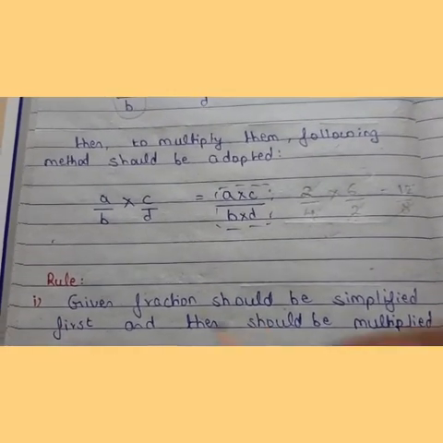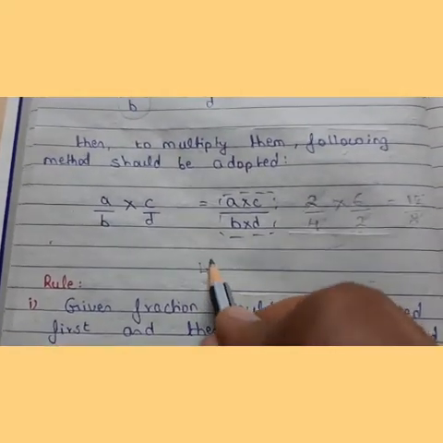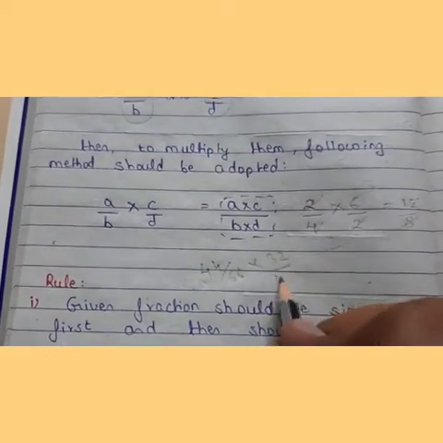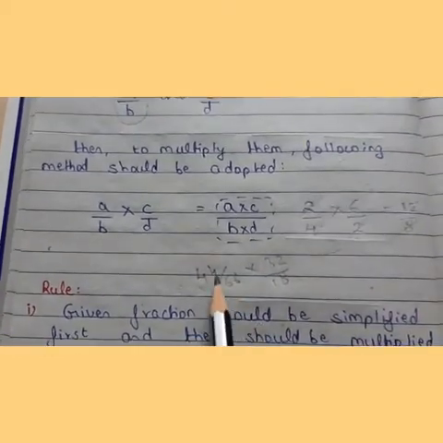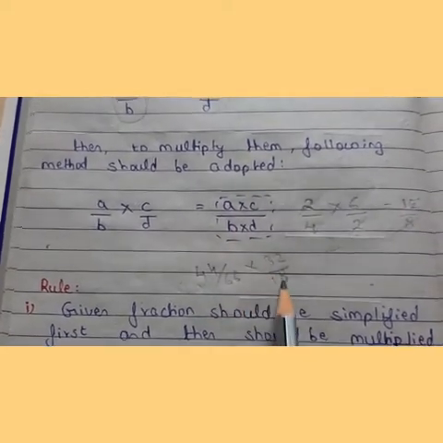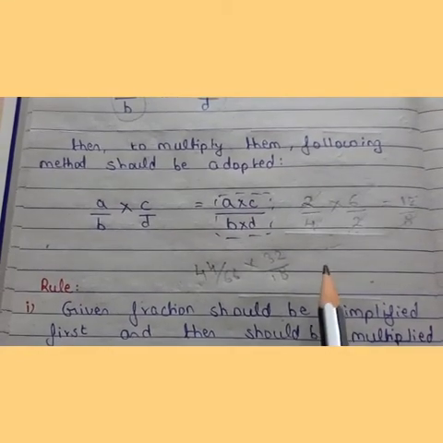Simplified means suppose any fraction it is given in such form like 44 upon 66 into 32 upon 18. Now if we will multiply as per the rule numerator into numerator upon denominator into denominator, whatever the product will come, it will have a very large value.